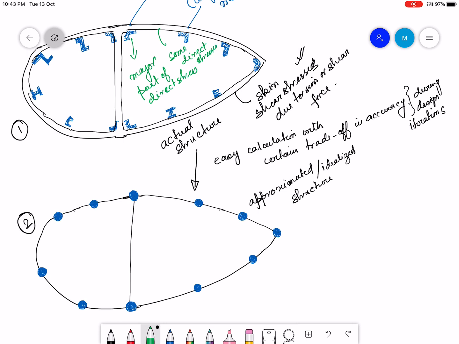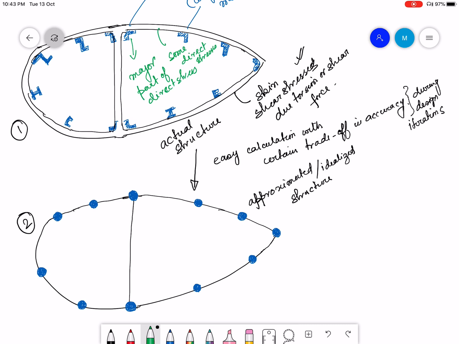Now what I do is that I replace these stringers by a concentrated area at the location of the stringer.